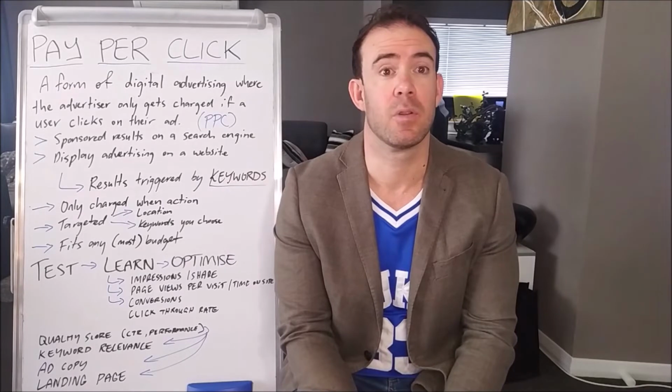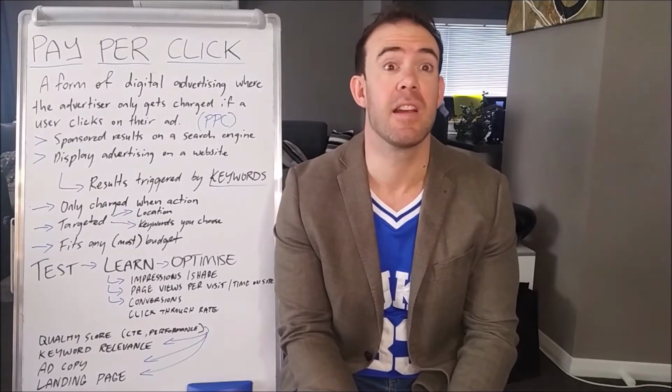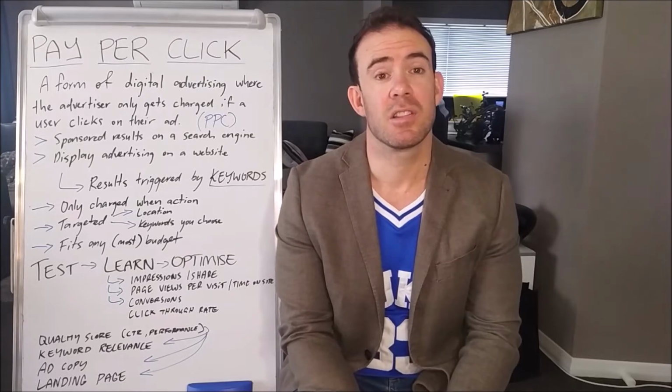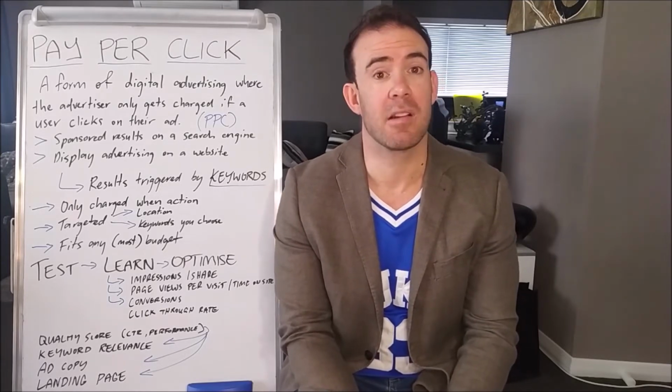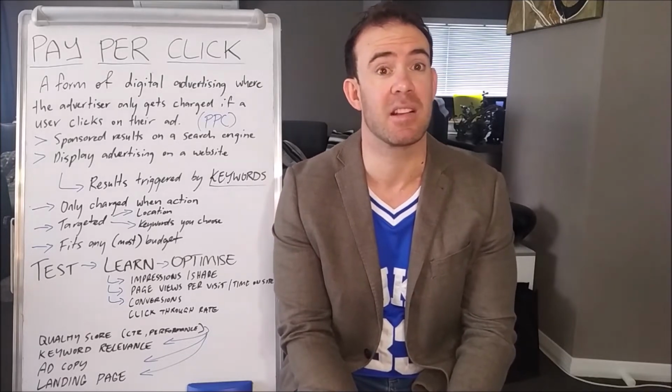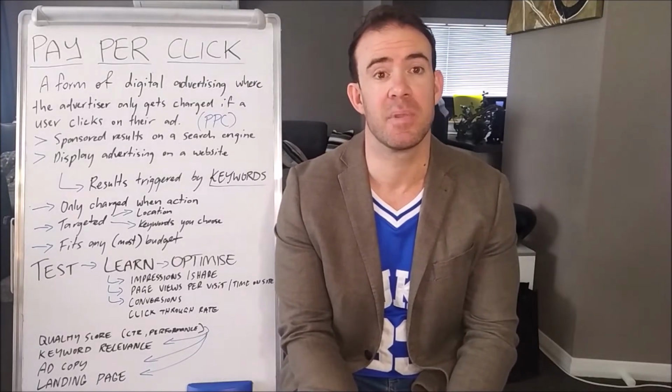So I'm searching for restaurants near me, Thai food restaurants in Hamilton, and I put that in the search engine. Along with the organic results, which are the non-paid results, these are the results we maximize with search engine optimization.